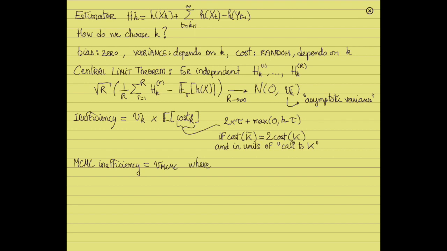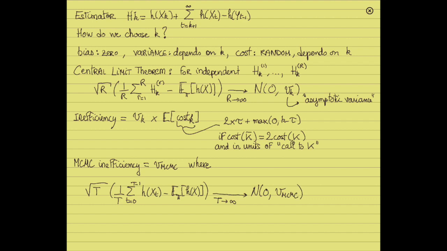And this is to be compared with the MCMC inefficiency, which is VMCMC, an asymptotic variance, normalized by, the unit being a single call to the Markov transition kernel K. So then we have a CLT for the MCMC estimate with an asymptotic variance VMCMC.